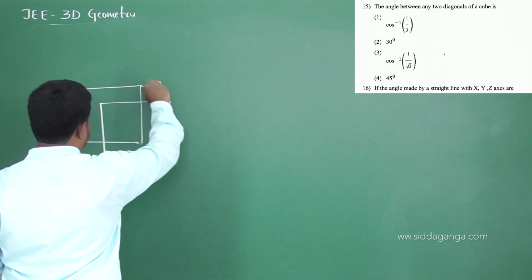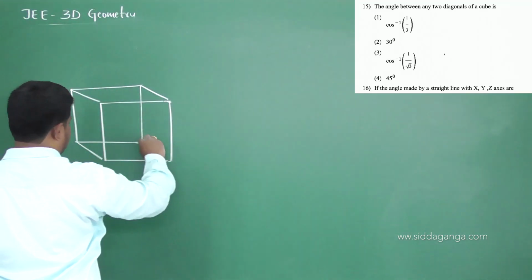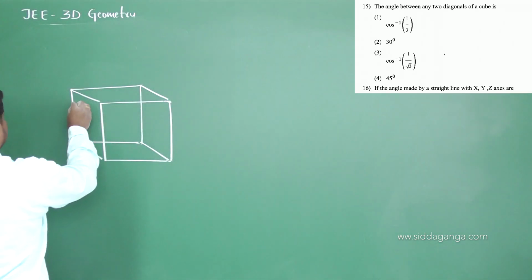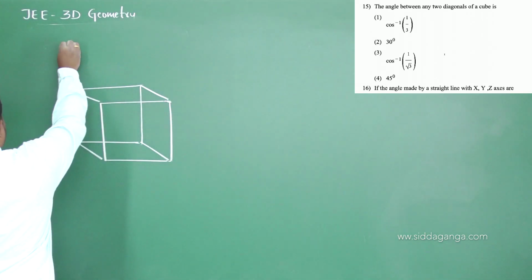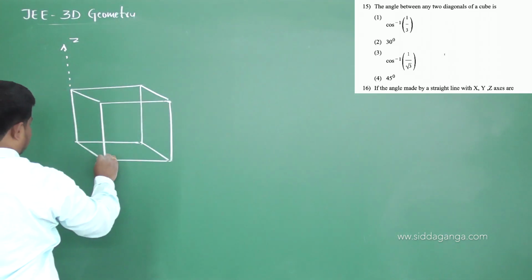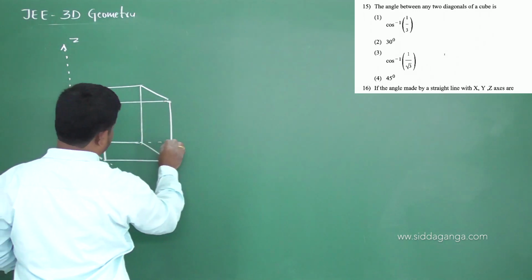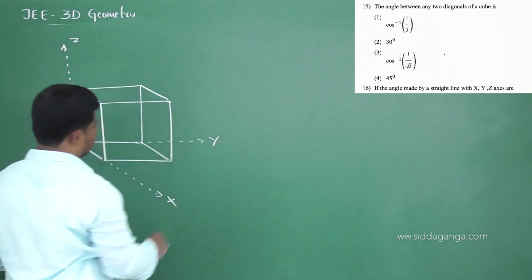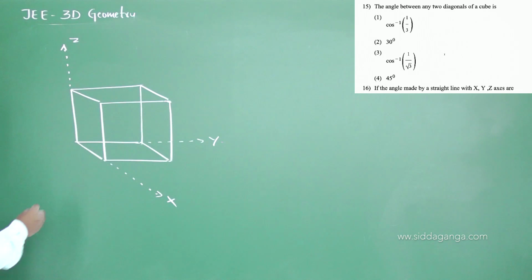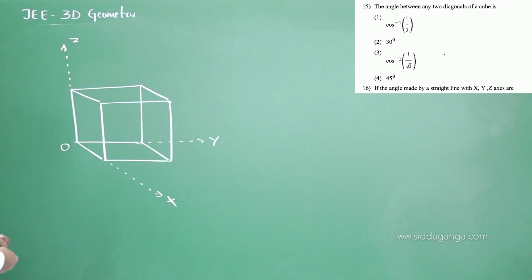This is your cube. Let me take this along the z axis, this along the x axis and this along the y axis, and this is your origin, right? Now the angle between 2 diagonals of a cube.